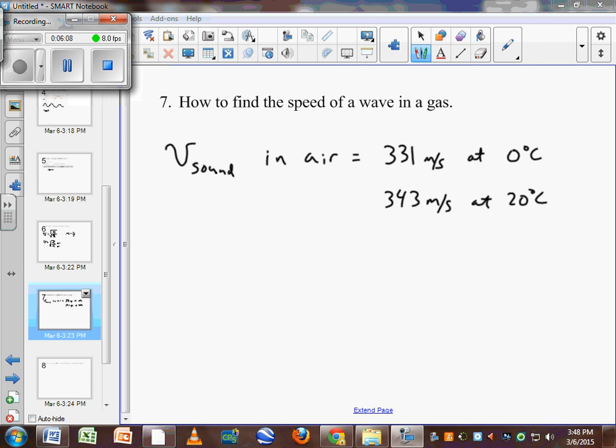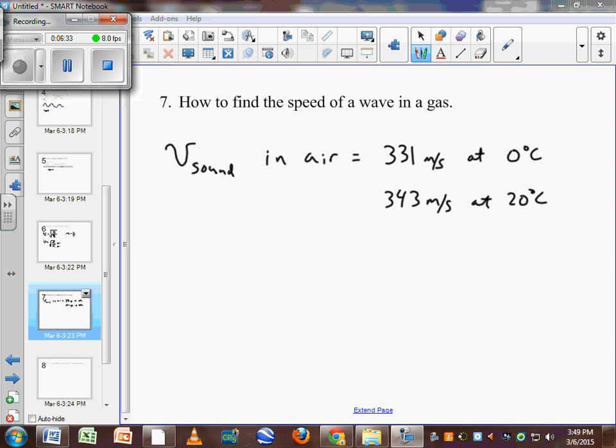So here we're going to look at the speed of a wave in a gas, and a sound wave is the best one to look at here. So the speed of sound in air is 331 meters per second at 0 degrees Celsius, and it's 343 meters per second at 20 degrees Celsius. The change in temperature changes the molecules in the air, allowing the sound to travel faster through the air at that higher temperature.